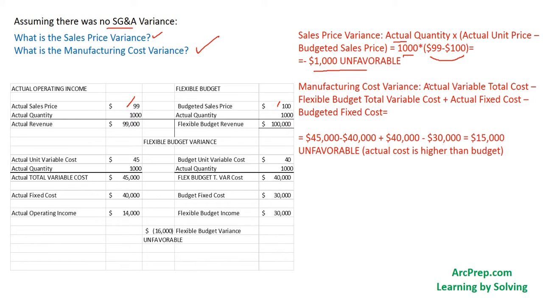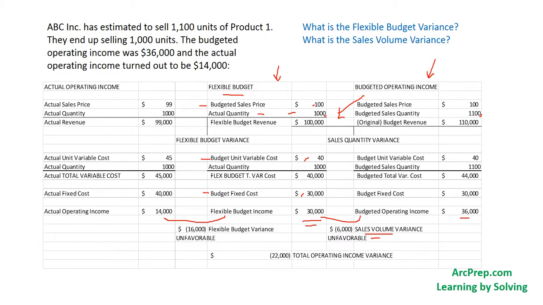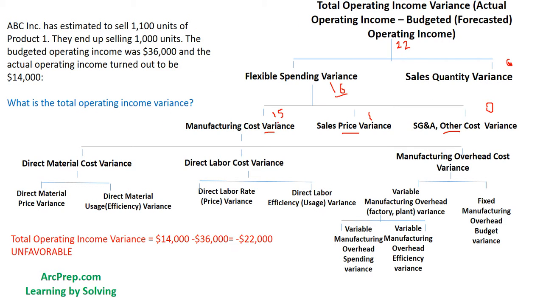Manufacturing cost variance is nothing but the variable cost difference between actual and budget, and the fixed cost difference between actual and budget. If I look at that, the variance on the variable side is $5,000. On the fixed side, it's $10,000. The total manufacturing cost variance is $15,000, which verifies our earlier point.